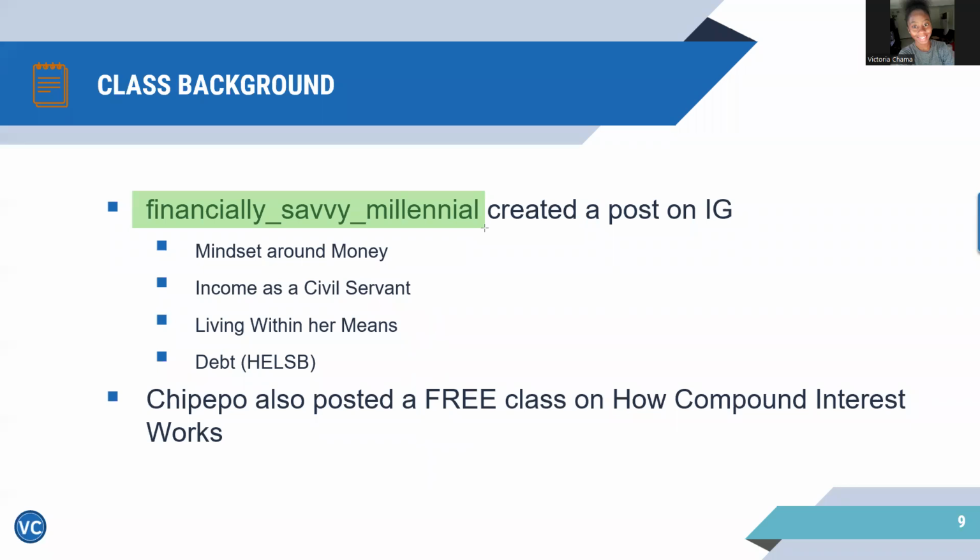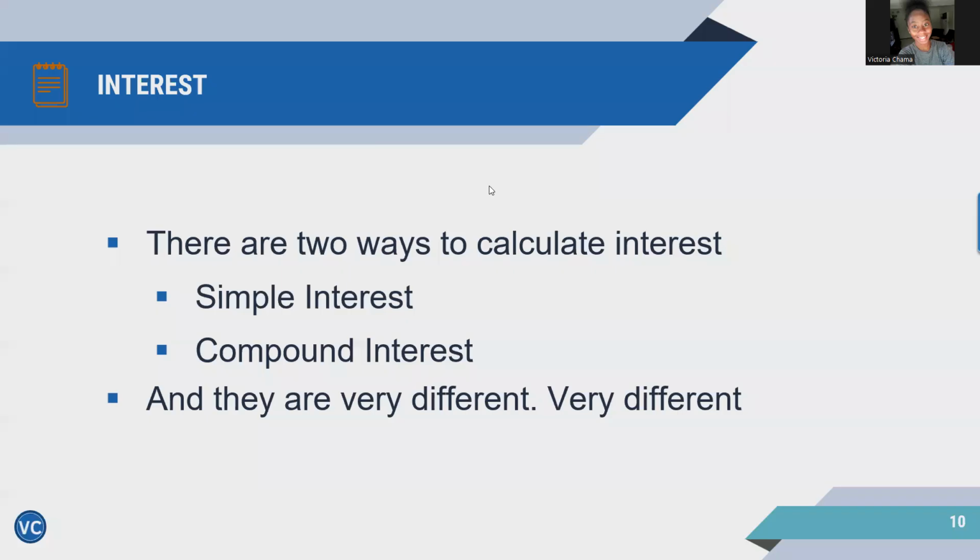On the other hand, Chipepo was doing a class on how you earn money and get money from investment assets. And I thought it would be a good idea to piggyback off her class and do a debt version. Hence the creation of this class that we're in right now.